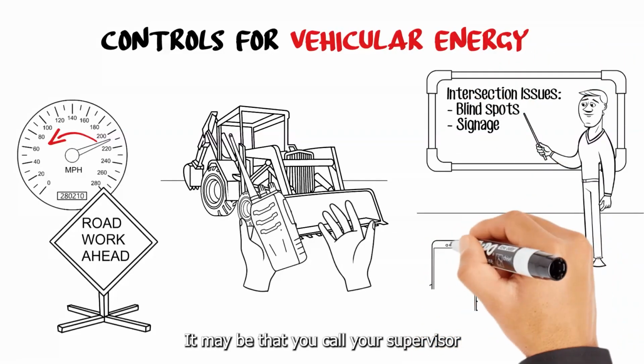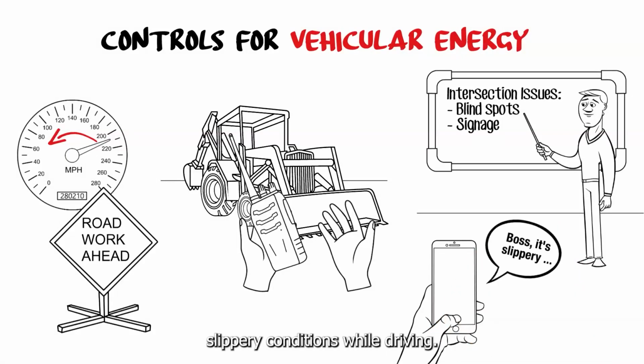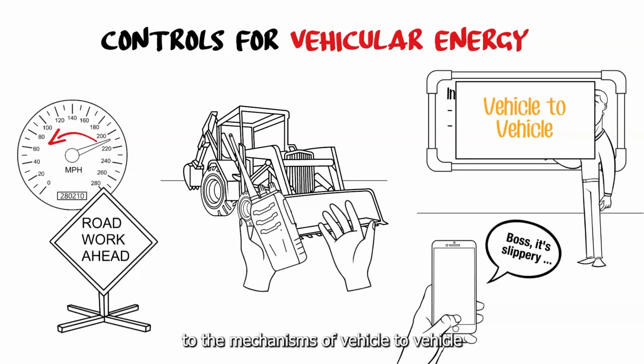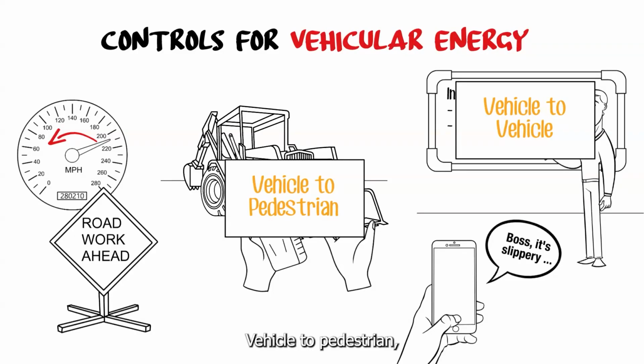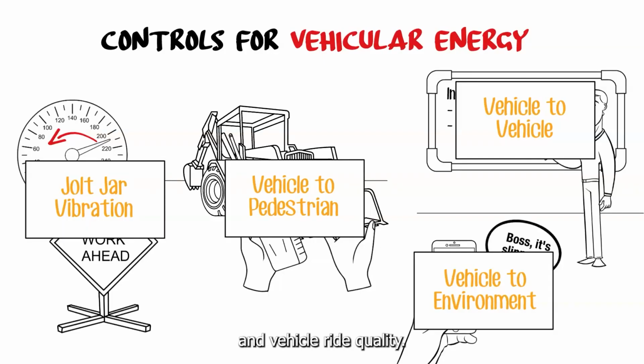It may be that you call your supervisor when you experience slippery conditions while driving. All of these examples are related to the mechanisms of vehicle to vehicle, vehicle to pedestrian, vehicle to environment, and vehicle ride quality. Similar logic applies to human and gravitational energies.